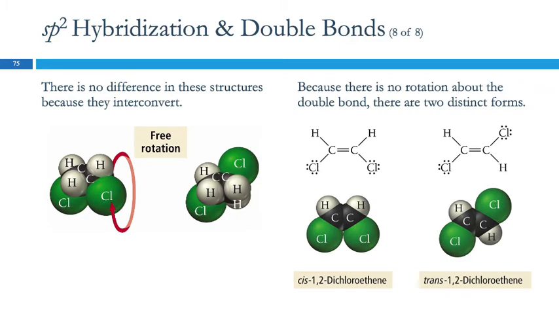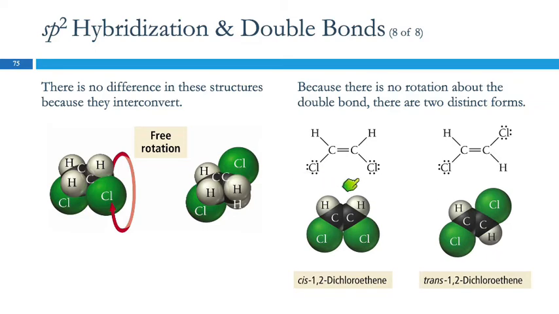So this is just looking at models similar to what I just made. So this one, there's free rotation, and so these chlorines can be opposite of each other or on the same side. When we have a double bond, we actually have 2 different compounds. They have the same chemical formula.